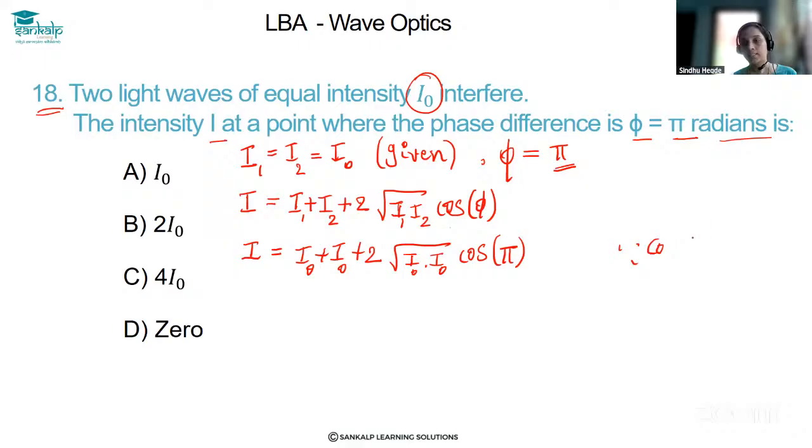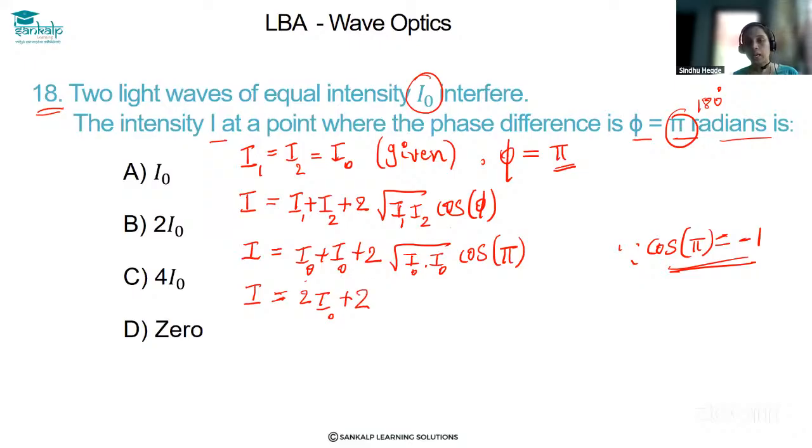Sorry, here pi is 180 degree. So cos 180 is minus 1. In the place of cos pi, substitute minus 1. We get I is equal to I naught plus I naught, which becomes 2 I naught, plus 2 square root I naught into I naught, which becomes square root I naught square.